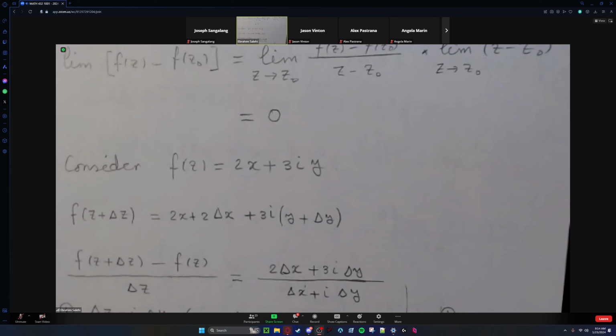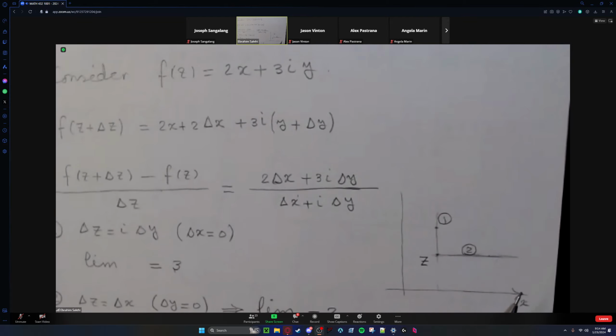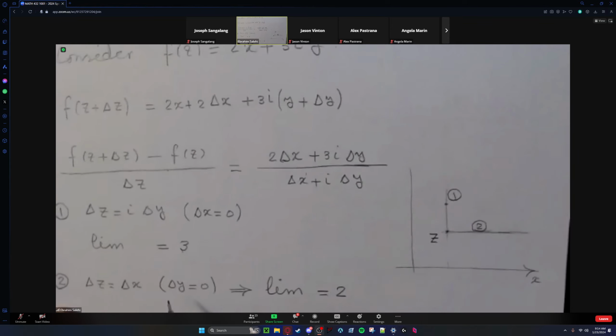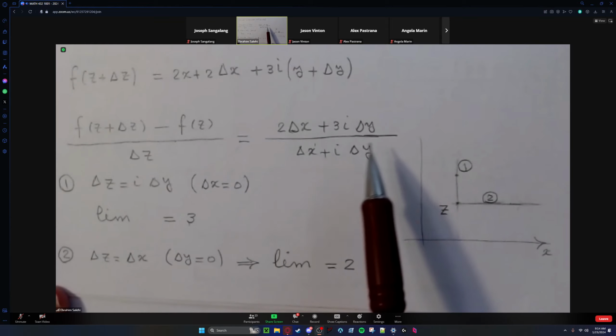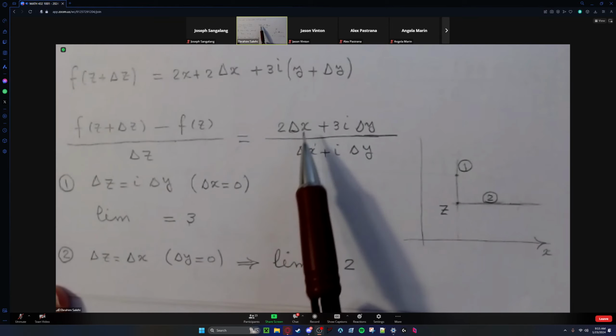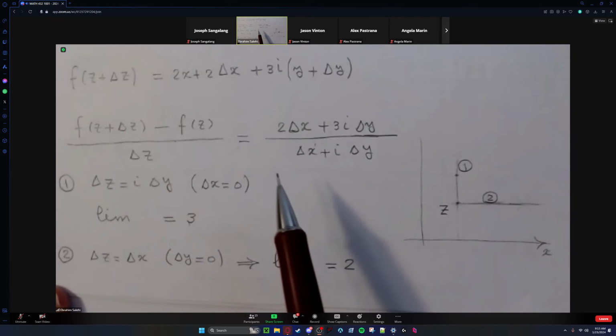Next, let's stay on a line parallel to the x-axis and approach this point. Now on this line, delta y is 0. Delta x is not. So if you let delta y be 0 here, you get 2 delta x divided by delta x, which is 2.